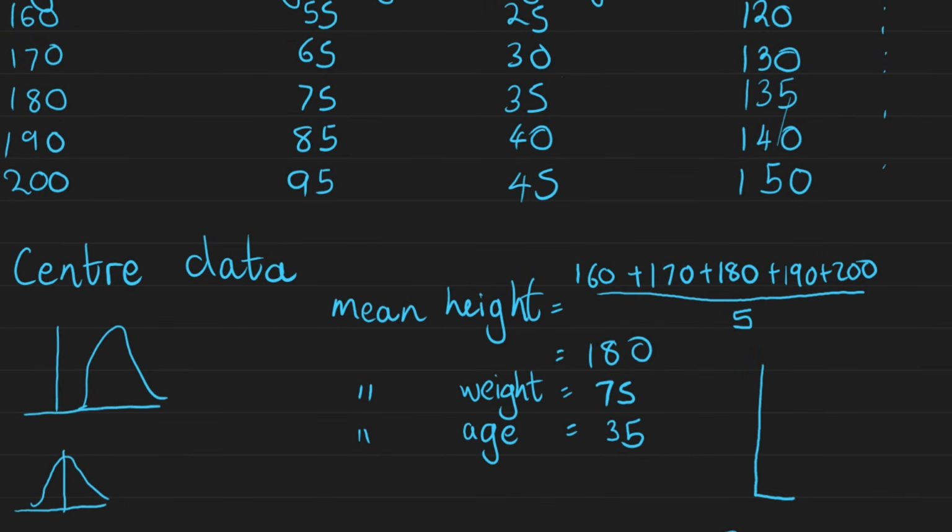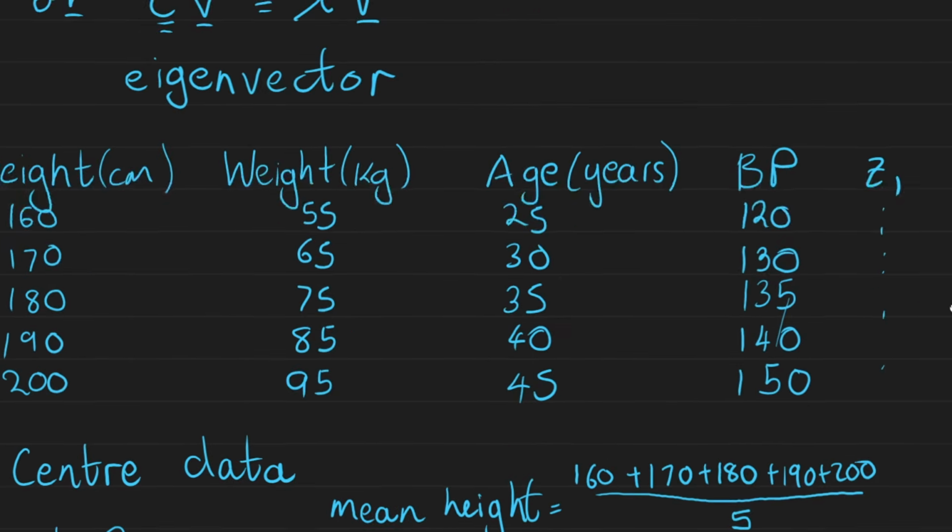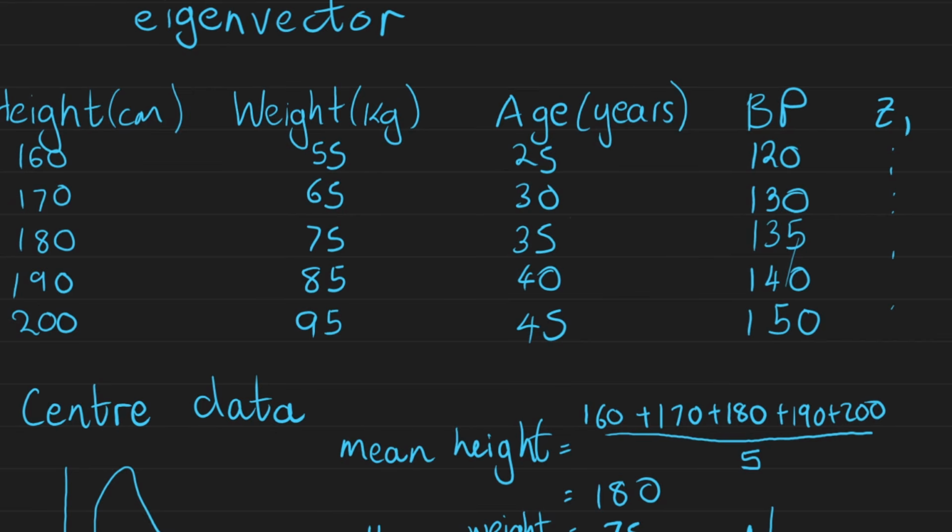So perhaps it'll be BP prime, so this is the centered blood pressure data against Z1. And then we can describe all of the data just on a single plot like that instead of using 3 variables. So this is the power of principal component analysis.